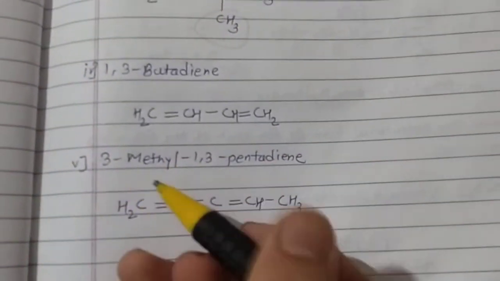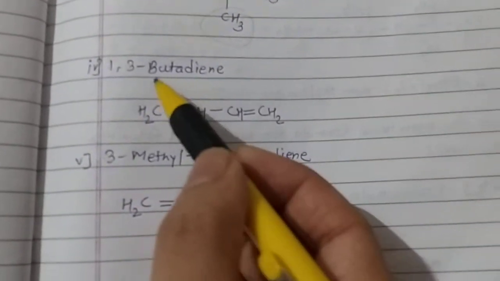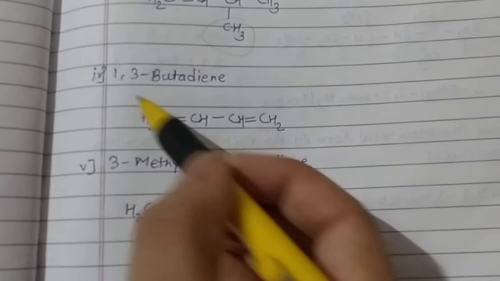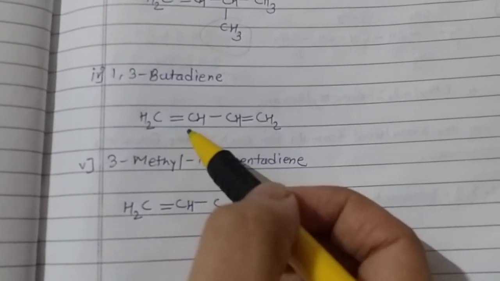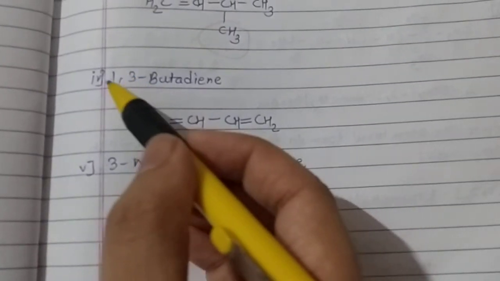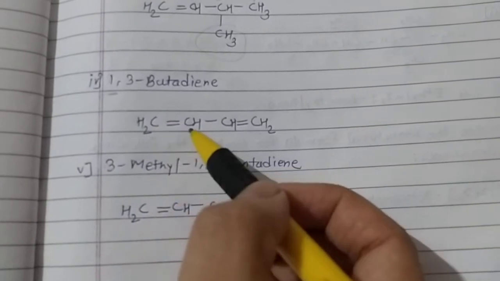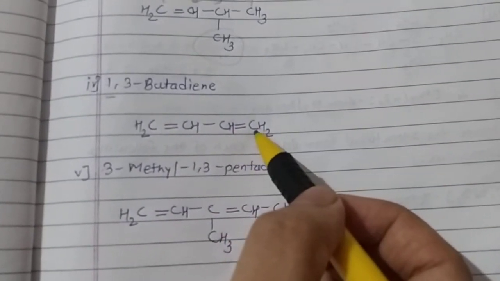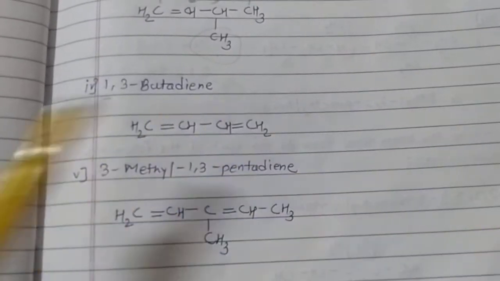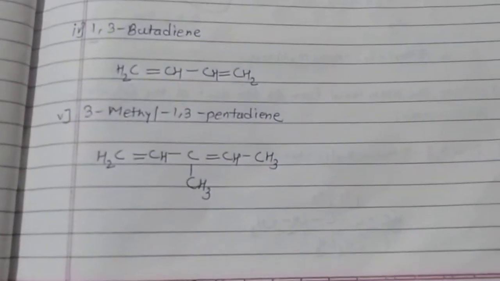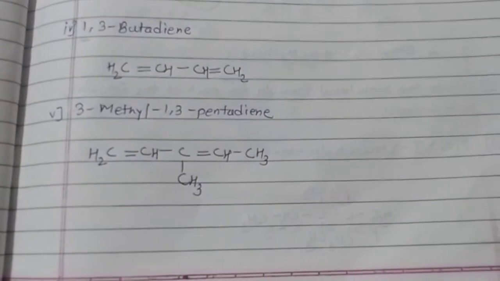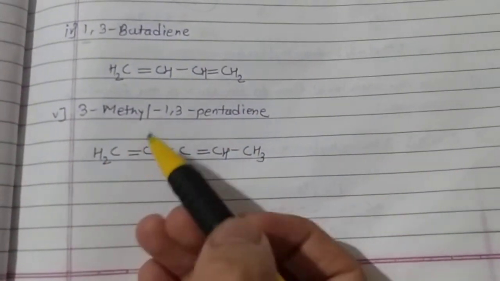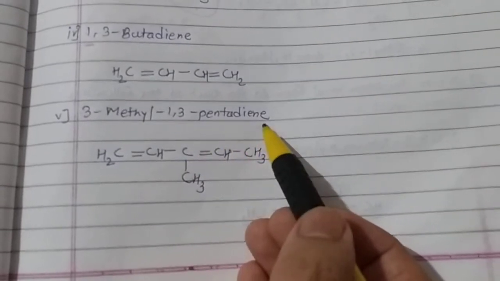Next example 1,3-butadiene. So first draw the 4 carbons and then draw double bonds on the first carbon and third carbon. So 1 is in between first and second carbon and 3 is in between third and fourth carbon. And finally draw the hydrogen atoms according to valency of carbon. And last example 3-methyl 1,3-pentadiene.